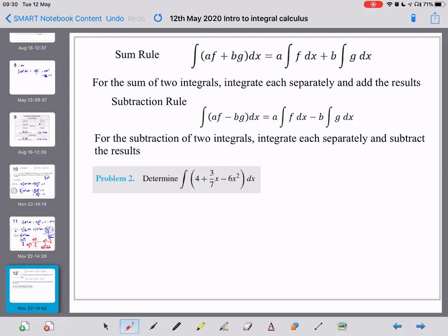And then if we have subtraction, two functions of x, one subtracted from the other, we again integrate them separately and do the subtraction afterwards. So looking at this example here, I'm going to put mine on a new page, give me plenty of room.